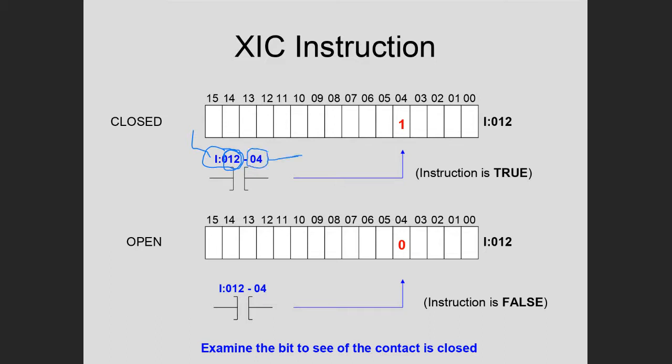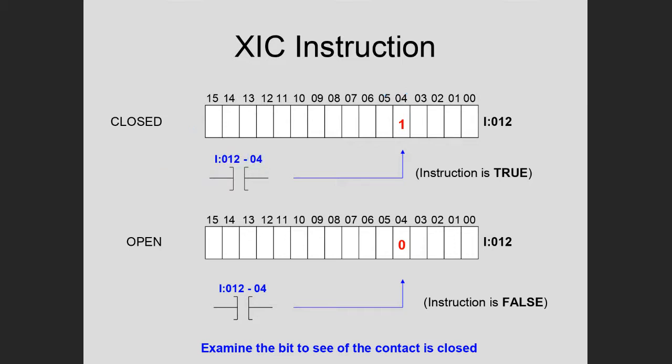If you give this address, then this bit position is affected by whatever screw terminal is mapped to that address. If that switch is open, then there's a 0 here. If that switch is closed, then there's a 1 here.